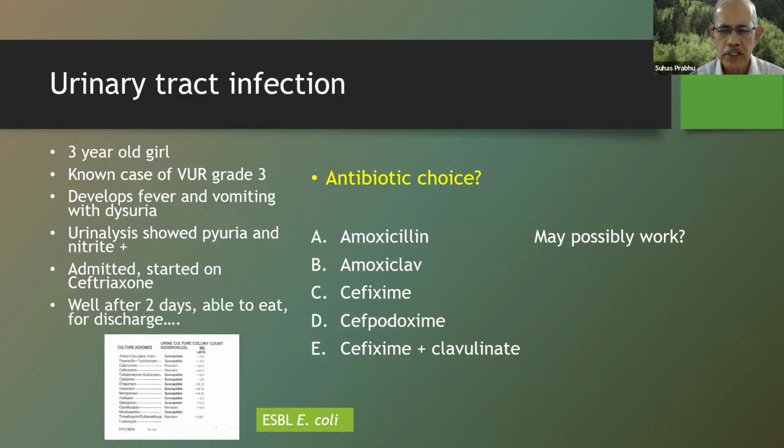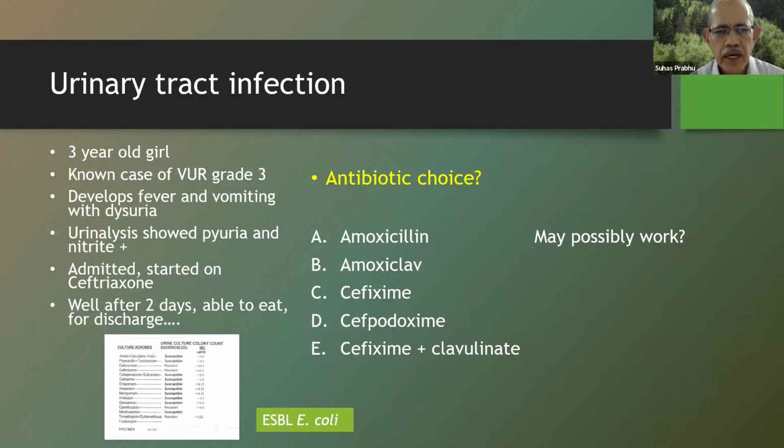When you use ceftriaxone, the standard dose, which you may or may not know is not really important, is 80 or 100 milligram per kg per day. You get a certain level in the blood, and when the lab tests the E. coli against this possible achievable blood level, it is resistant. But then it is resistant here, and yet this patient responded.